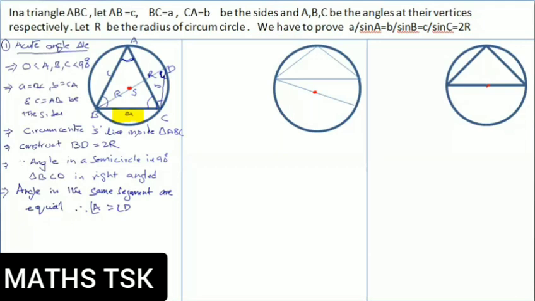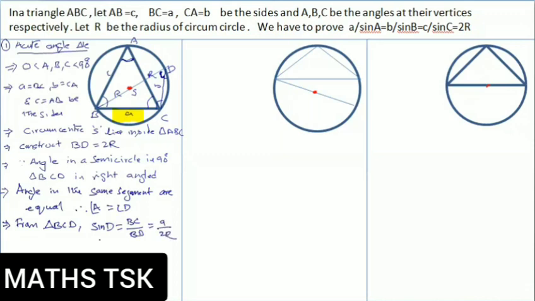These are the points required to prove the sine rule for an acute angle triangle. From triangle BCD, what is sin D? Sin D is equal to the opposite side, that is BC, over the hypotenuse BD. BC is a, BD is 2R.